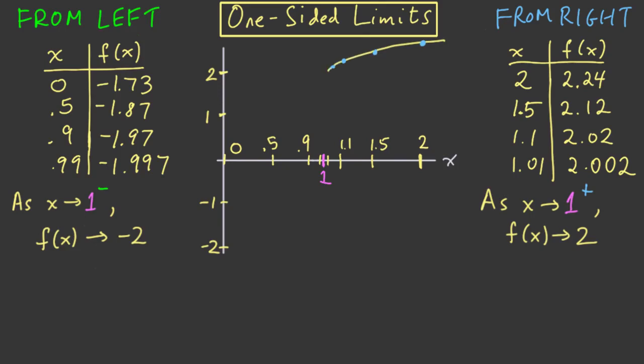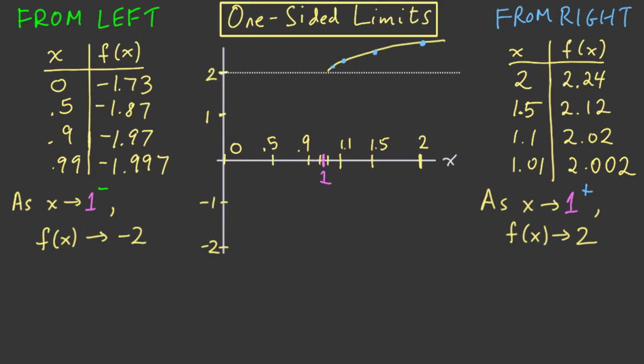And once we've done that, then we can look and see what happens as x approaches 1 from the right. What's happening to f of x? And what's happening to these y values? Well, like we said, they're approaching the level y equals 2. What happens exactly at x equals 1? Well, remember that f of 1 isn't defined.